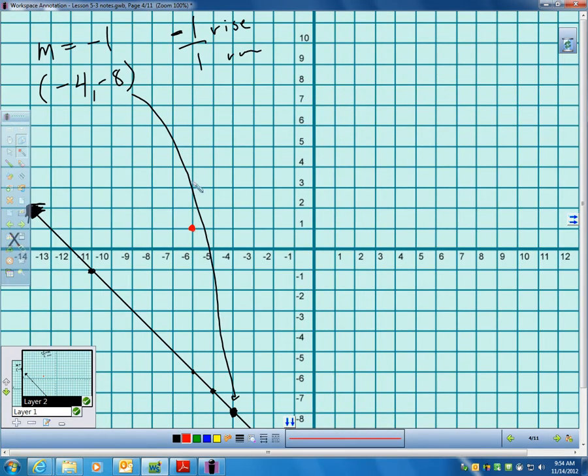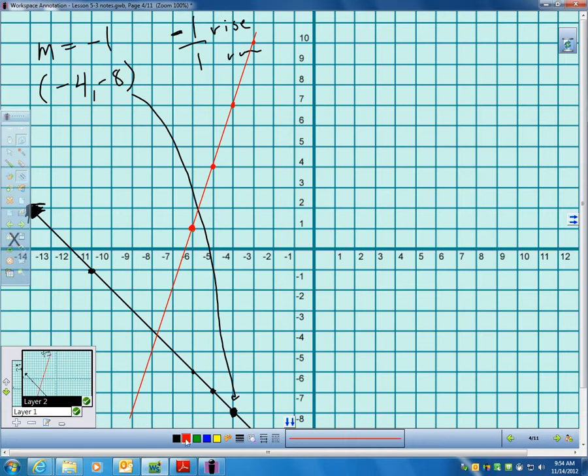So I'm going to rise 1, 2, 3, and run 1. I'll rise 3 and run 1, and I will get my ruler out then, and I can draw a line through these points, which I will do right now. And my line would look something like this.